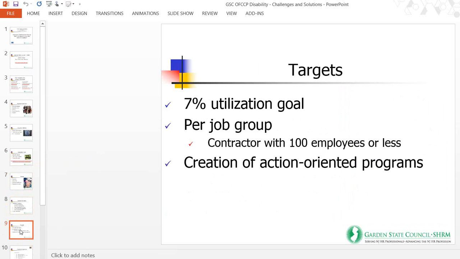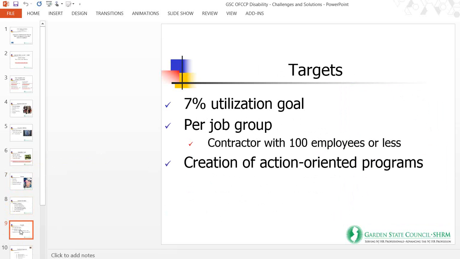Now, here, what I attempted to do was highlight a challenge that, frankly, has never existed before. When these regulations came out, I would argue this is the most unique thing in here, outside of the form itself. Because the OFCCP created this nationwide 7% utilization goal for qualified individuals with a disability.